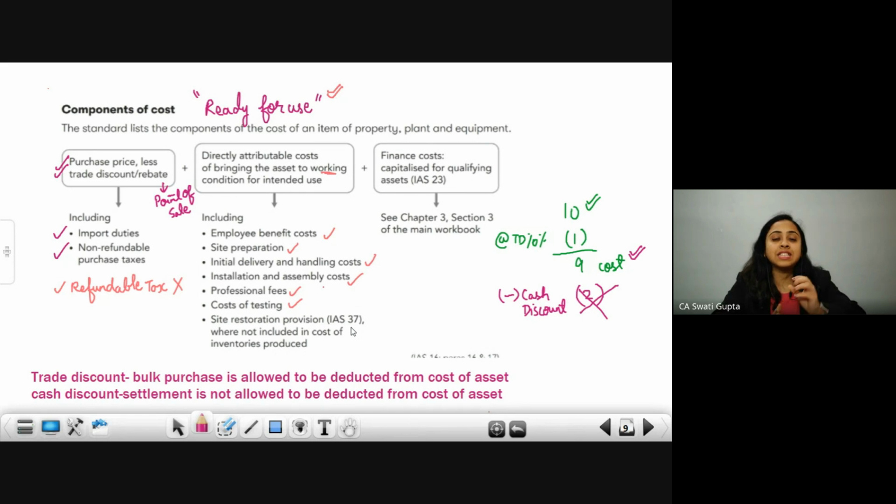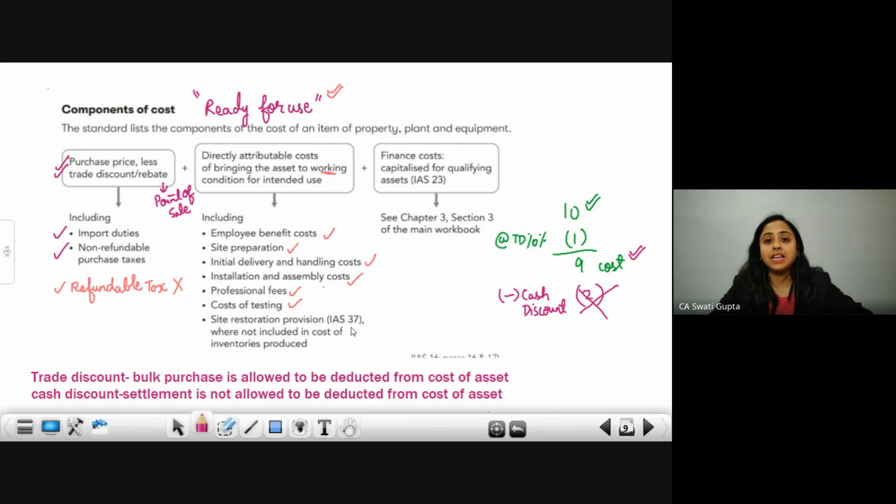Since this is a cost which will be incurred at the end of the project, the company knows that it is statutory or its social obligation that it is required to clear and bring that site back to the original condition at the end of the project.